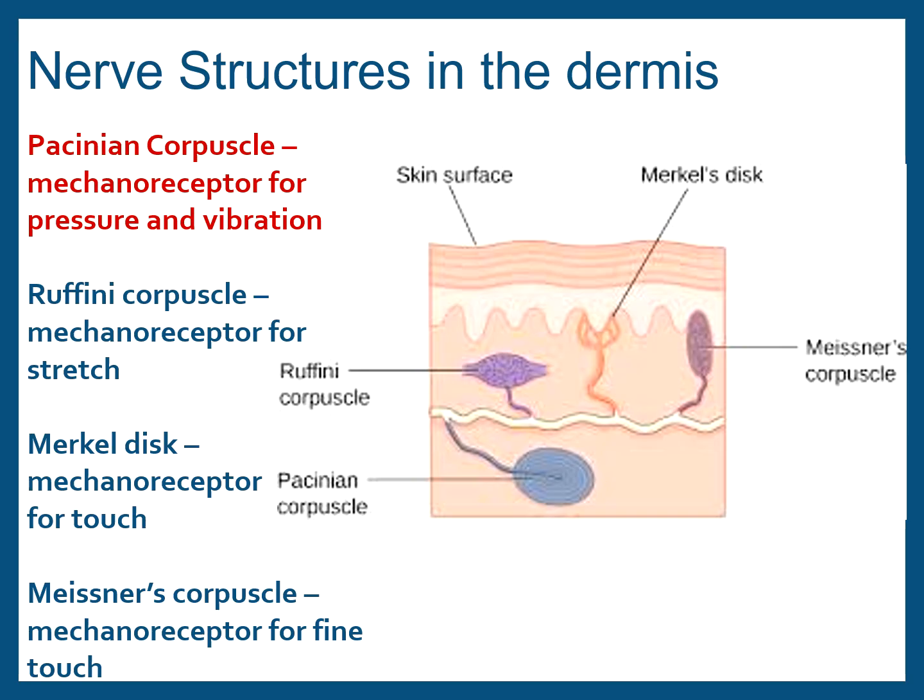Within the dermis, we're going to find different nerve structures. If we orient ourselves to the skin surface, these are the dermal ridges. And within that papillary layer, we're going to find the Meissner corpuscles. The Meissner corpuscles are mechanoreceptors for very fine or light touch.